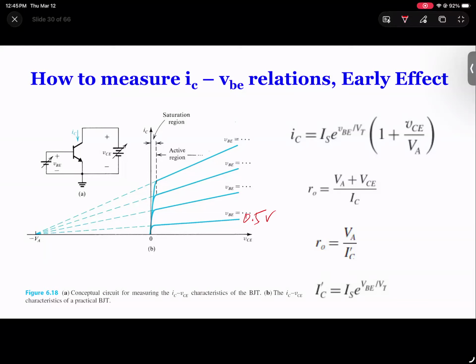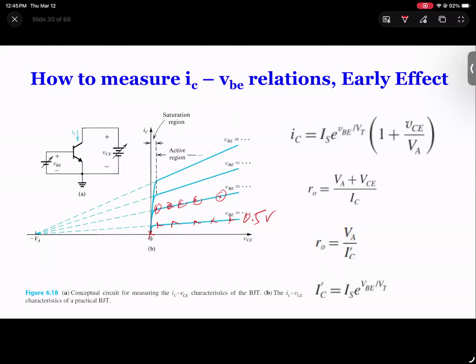You change VCE, and you take all the points. Okay, and then you change to another VBE, and you start to measure, and so on. You just measure them, and once you measure them, you connect them, you make this group of curves.